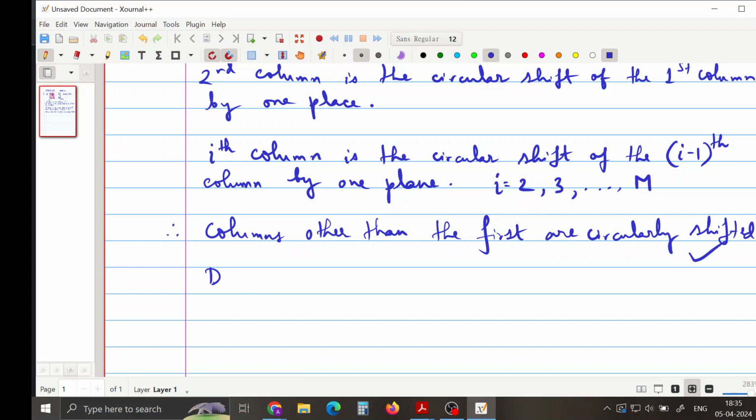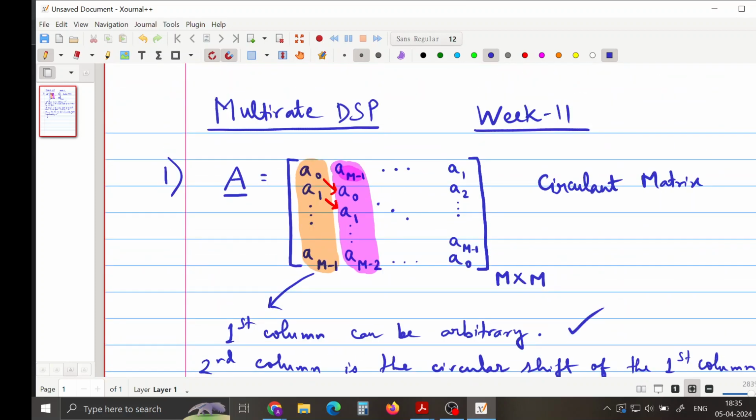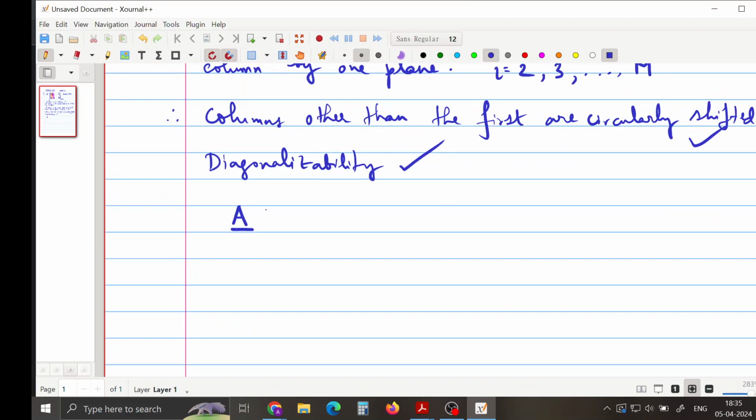Finally, regarding diagonalizability, which was our option C, that also holds for a circulant matrix, as we have seen. So I'll write the basic form. I use the notation A bar for the circulant matrix.